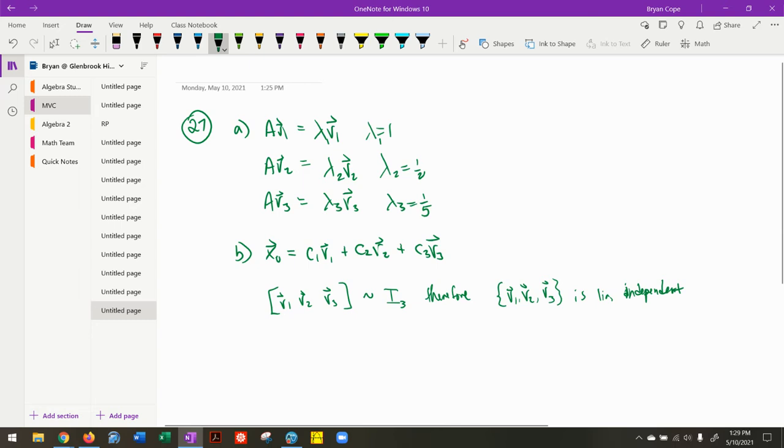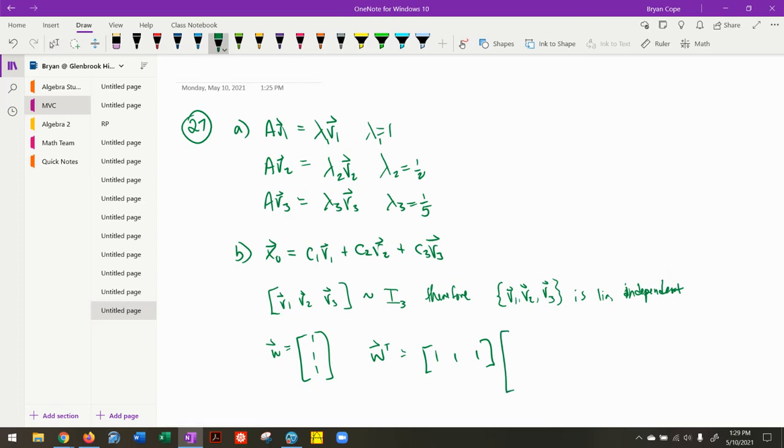Okay. They asked us now to compute W transpose times x naught. So that's a little odd. So if W is the vector 1, 1, 1, then W transpose is the row vector 1, 1, 1. We want to multiply that by this x naught, whatever x naught is.